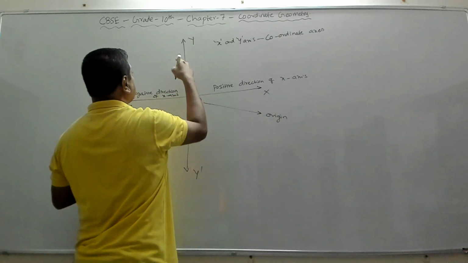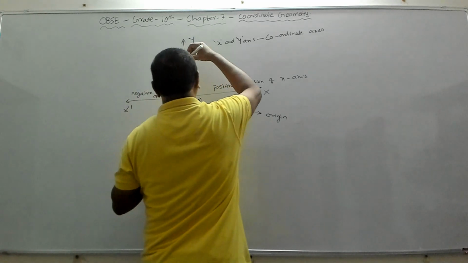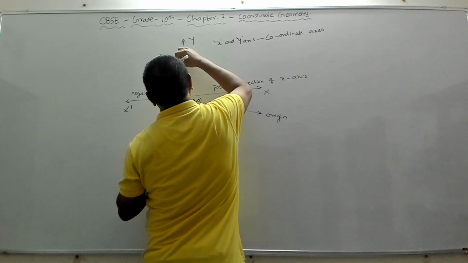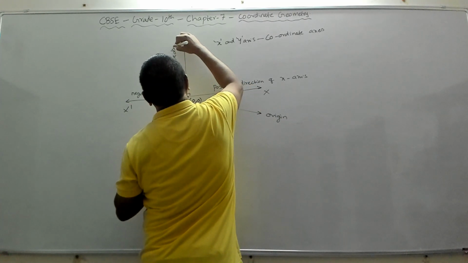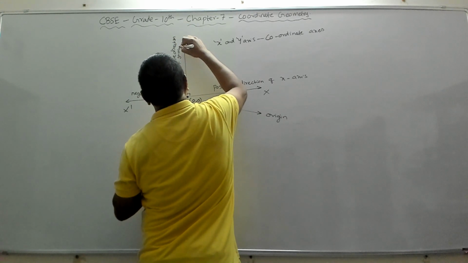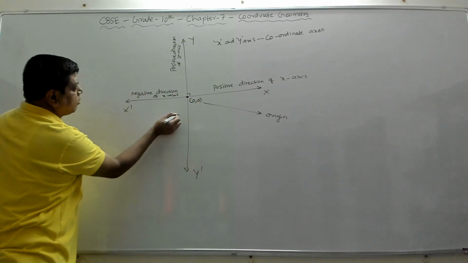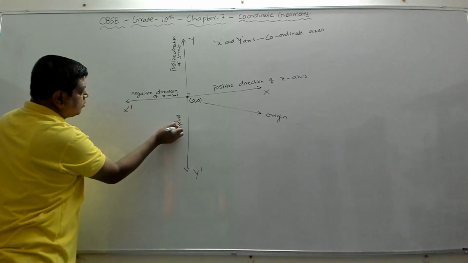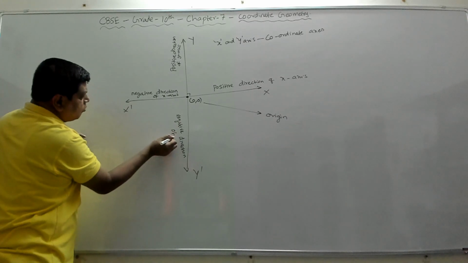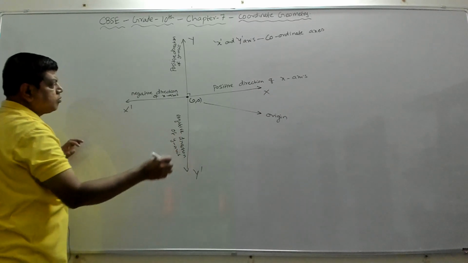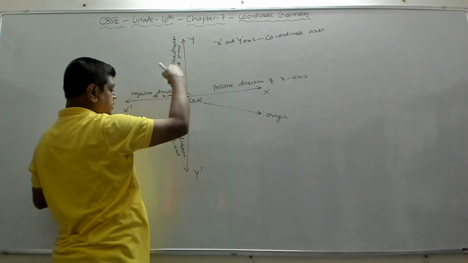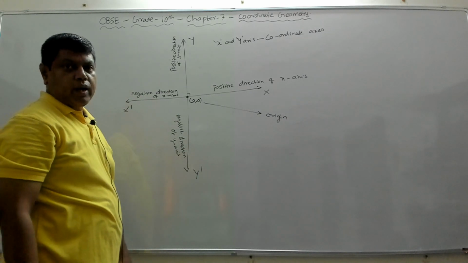And this one is called the positive direction of y-axis. And this is called the negative direction of y-axis. Right? So this is your positive direction of x-axis, negative direction of x-axis, positive direction of y-axis, negative direction of y-axis.